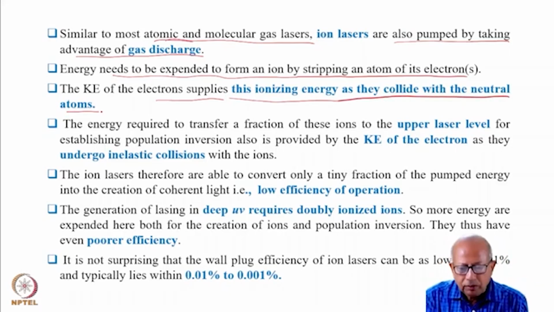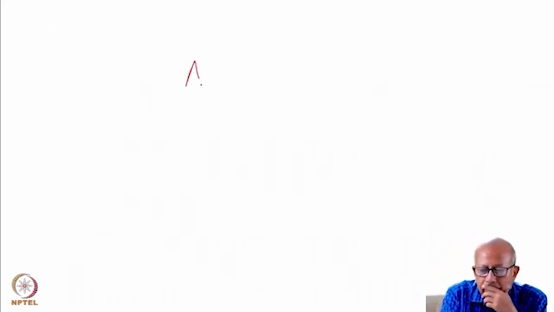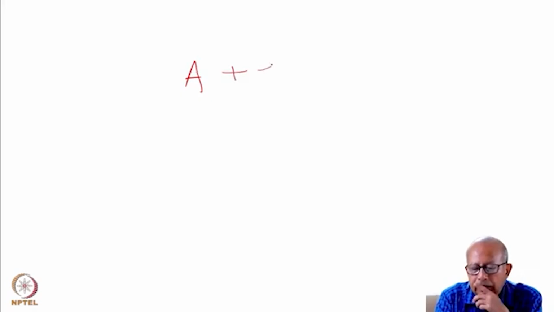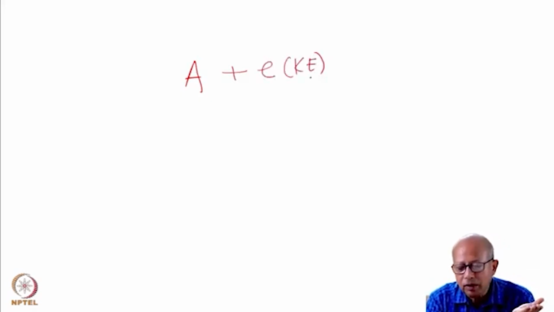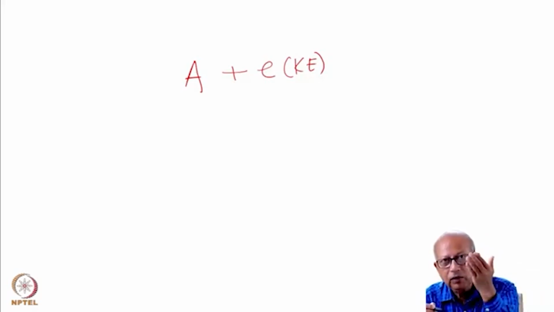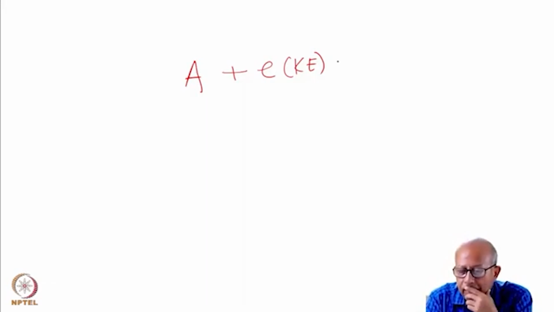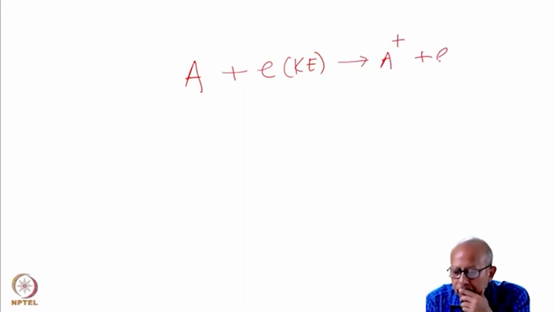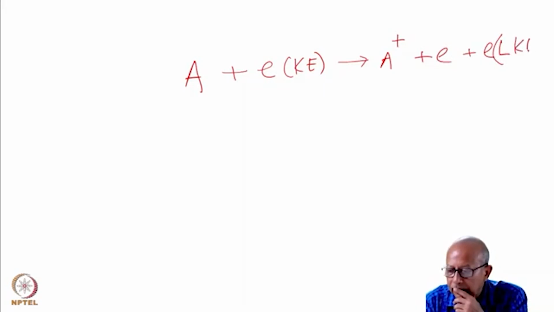So, basically what happens, you have the neutral atom and it collides with an electron, which has kinetic energy in the discharge. It has acquired this energy from the energy that has been tapped from the line, and this will actually ionize the atom and will create another electron in the process, and this electron will move with less kinetic energy.